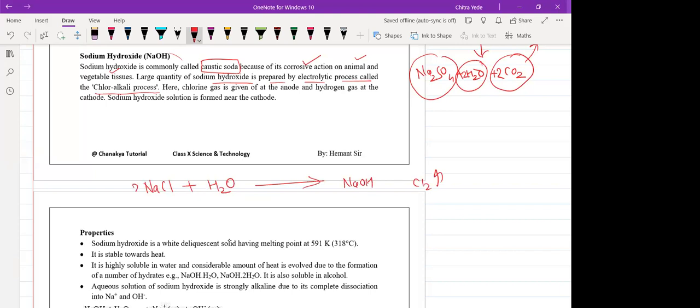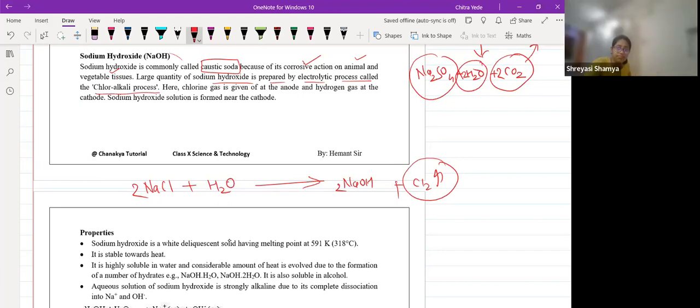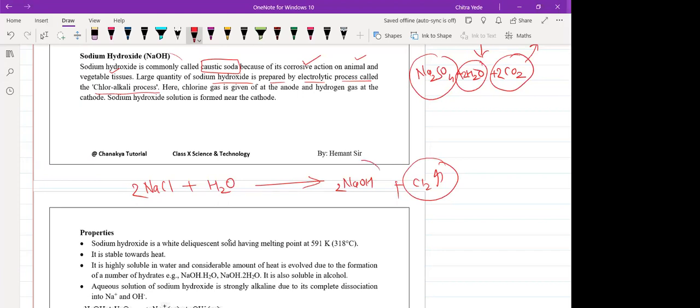NaOH is formed like this, and chlorine gas is released. So this is nothing but the product of the electrolysis of aqueous NaCl.